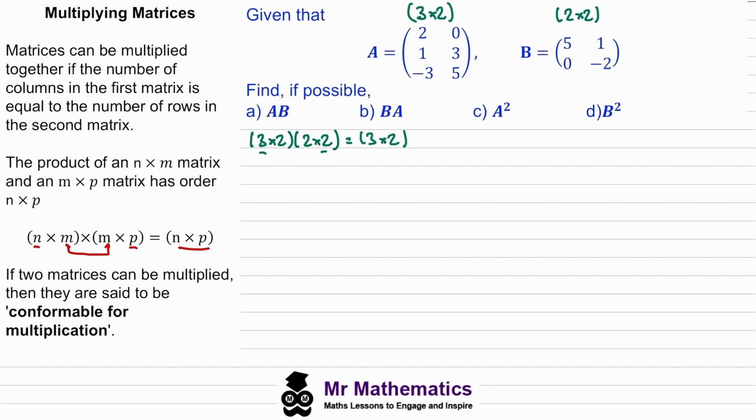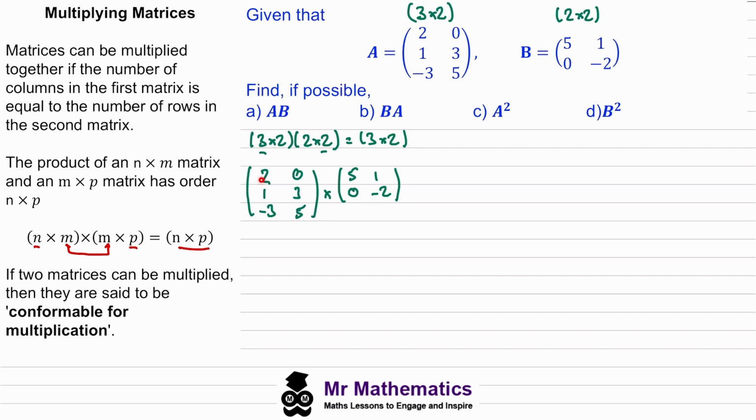So if we write down matrix A, we've got 2, 1, negative 3, 0, 3 and 5, multiplied by matrix B, 5, 0, 1 and negative 2. So the way we do this is we multiply every element in the first row by every element in the first column.